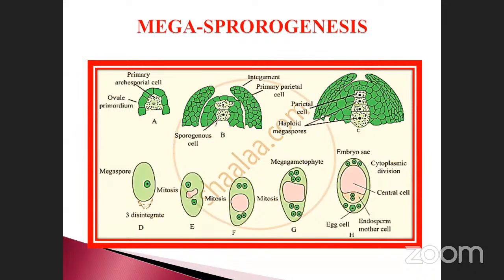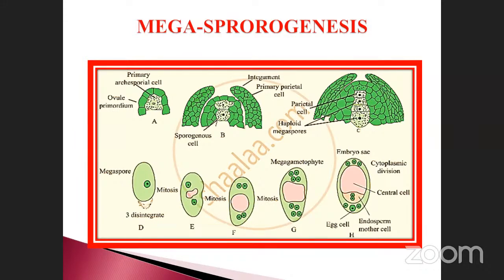Only one remains, the functional megaspore. The megaspore divides into 2 nuclei. After the formation of 2 nuclei, they move towards the poles and also undergo mitotic cell division twice.